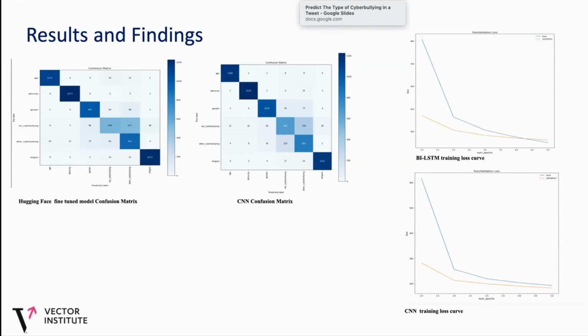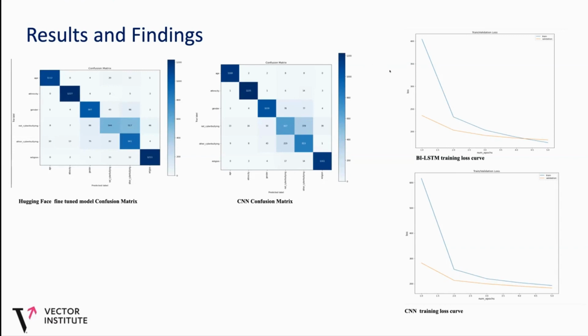The Hugging Face transformer, for instance, in cases where the record was labeled ethnicity, was able to predict it 1,227 times correctly. And also for cases where the label was ethnicity in the CNN, it was able to classify it 1,225 times correctly.